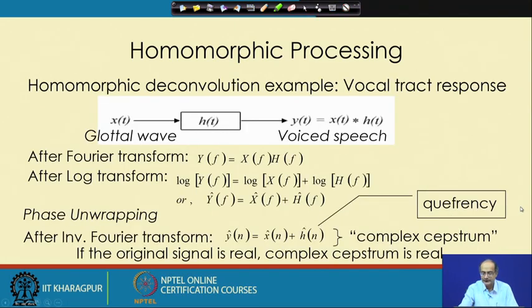Now, let us take an example where such kind of thing is important. Let us take that we have some speech signal. Now, when we utter the vowels, that is called the voiced part of the speech, the signal comes from the glottis, that is called the glottal pulse.